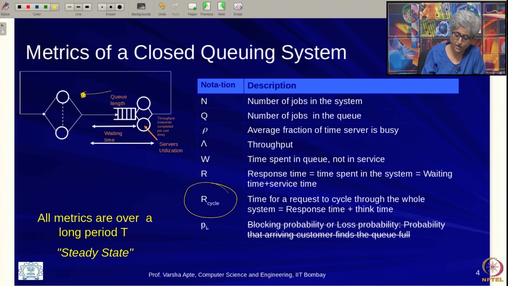So, if you start measuring from the time a request is issued, waiting for response, coming back, thinking, and then at the issue time again. So, this whole loop is going to be basically response time plus think time, and that is the new metric called the cycle time. That is the only new thing here, otherwise the definitions are the same.